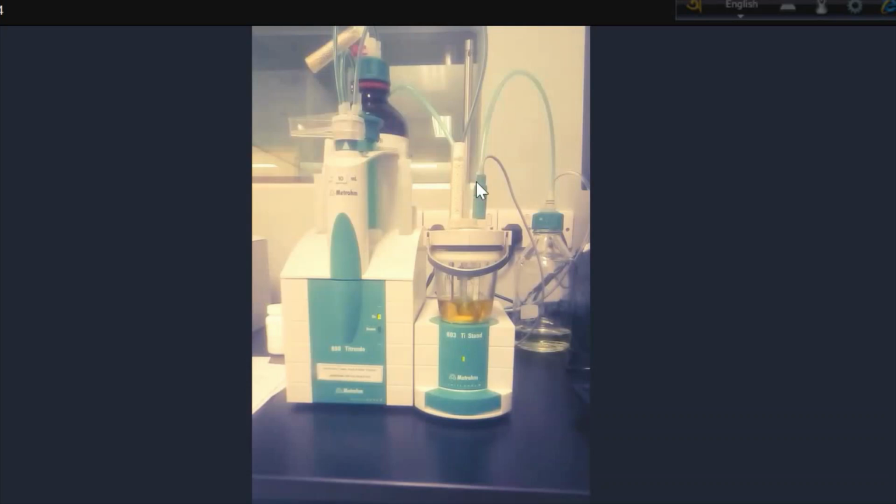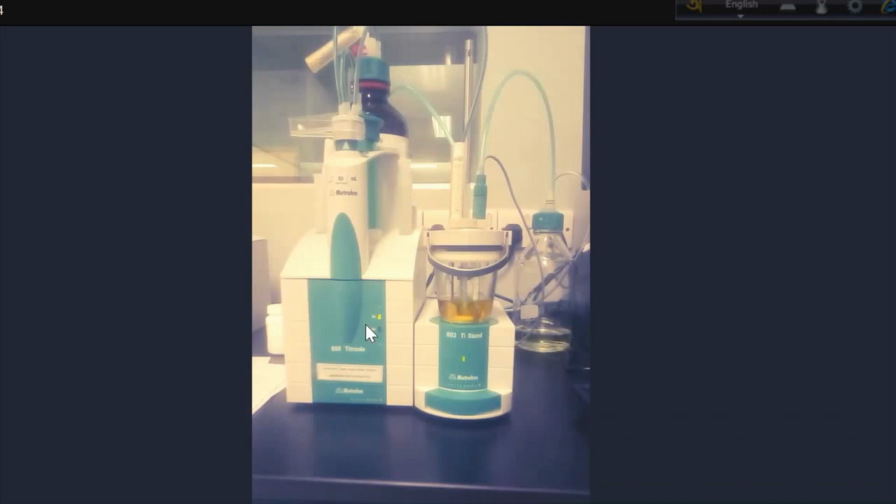There are various kinds of titrant, called combi titrant 2, combi titrant 5, etc. The principle behind this method is that the water contained in any sample reacts with the iodine.